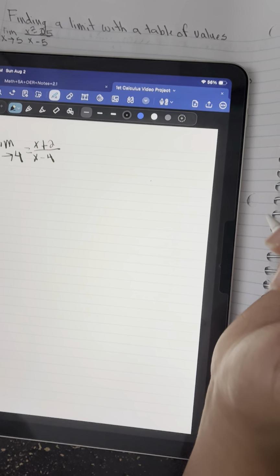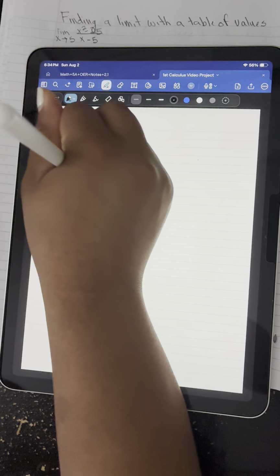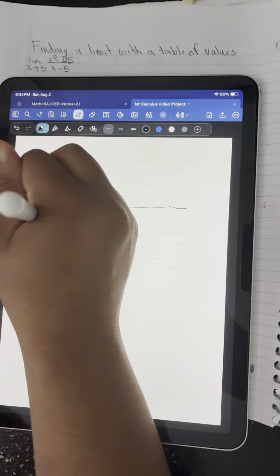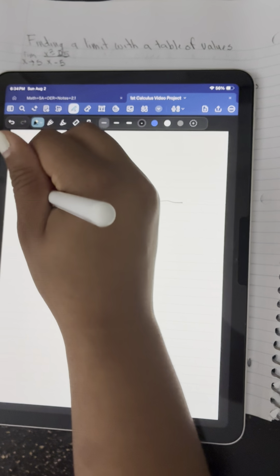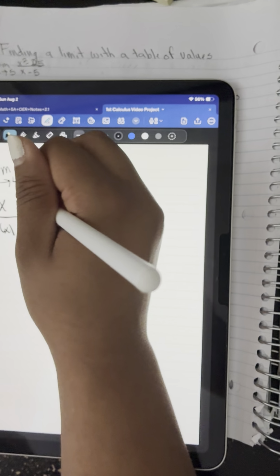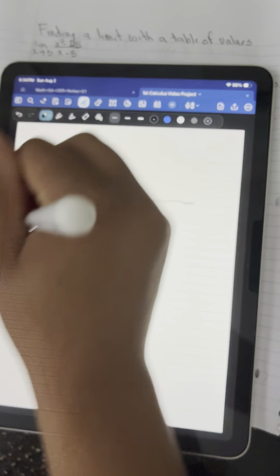So to begin, I'm going to start by making the graph. And then I'm going to start by using numbers that are lower than 4. So 3.9 will be the first number that I use.